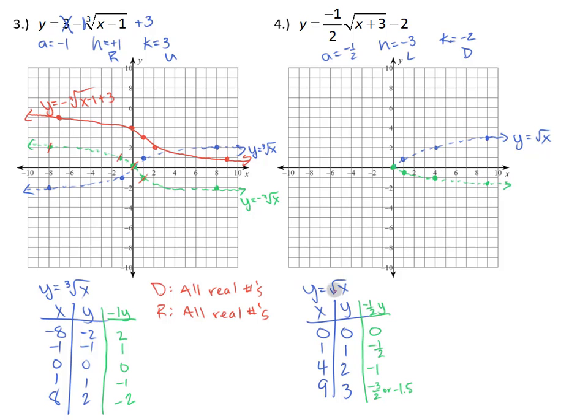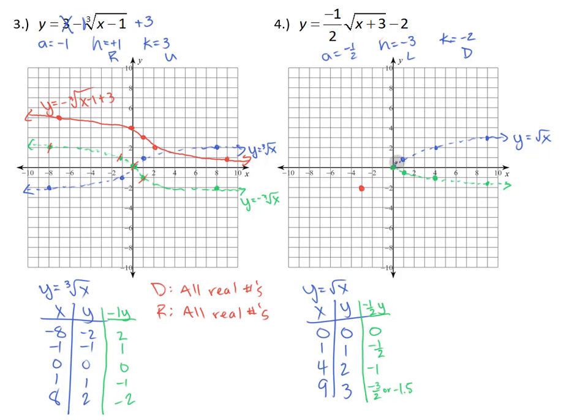So it's kind of been squished as well. Lastly, we need to do our shifts here, shifting left 3 and down 2. So let's do that. Move everything left 3, 1, 2, 3, down 2.